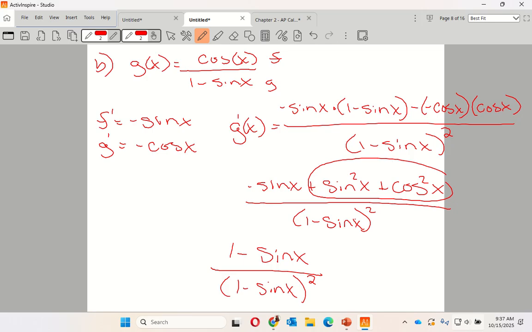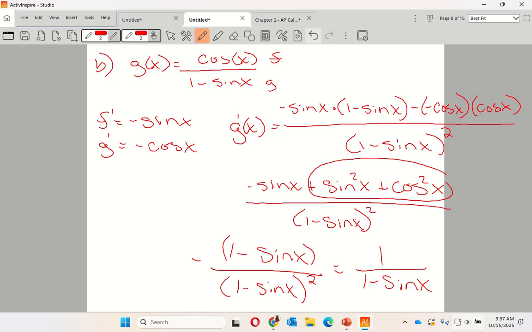And what else is that going to do? That's going to cancel out, isn't it? Because all this is going to cancel out with one of those. So my final answer is 1 over sine x.